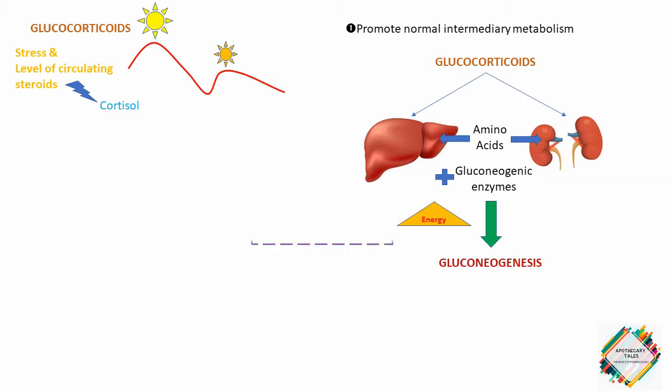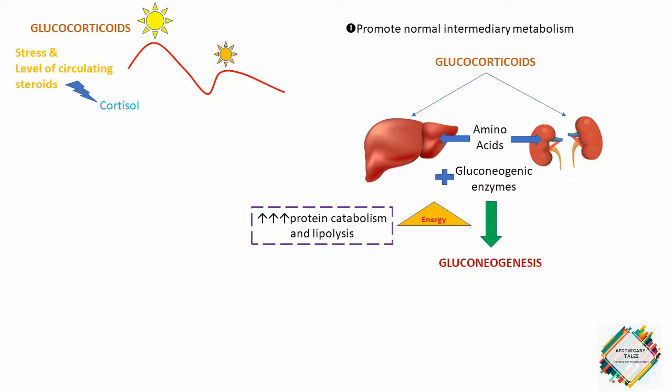They stimulate protein catabolism except in the liver, and lipolysis, thereby providing the building blocks and the energy required for glucose synthesis. And it is important to keep in mind that glucocorticoid insufficiency would lead to hypoglycemia. Why? Because we have already mentioned glucocorticoids are involved in glucose synthesis.